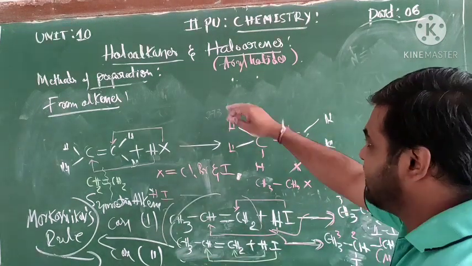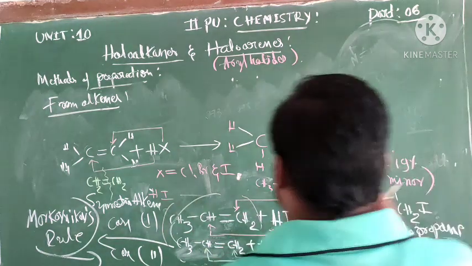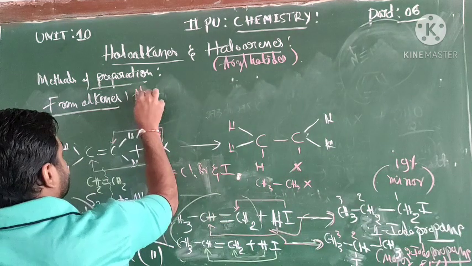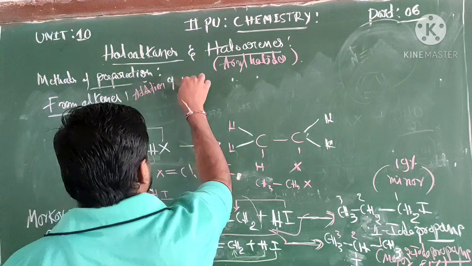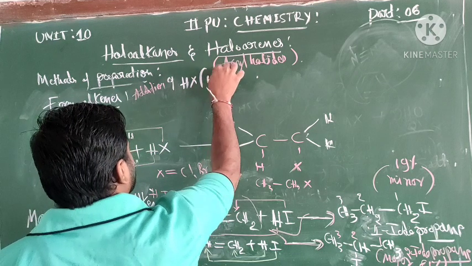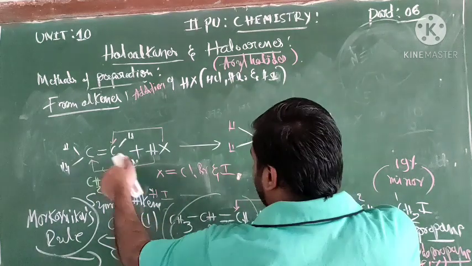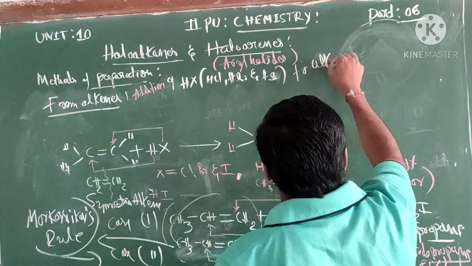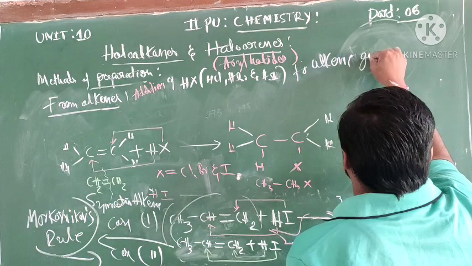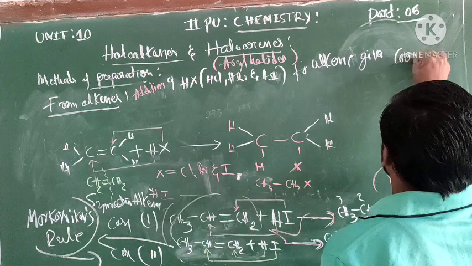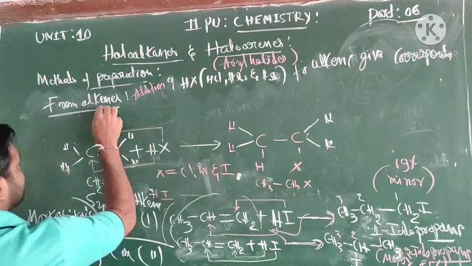Okay, now going to the definition of Markovnikov's rule. It explains the addition of HX, like HCl, HBr and HI, to any asymmetric alkene group. Alkene groups give the corresponding alkyl halides.